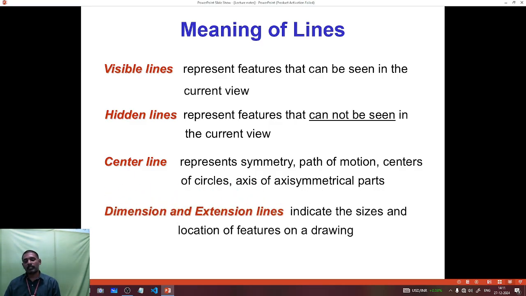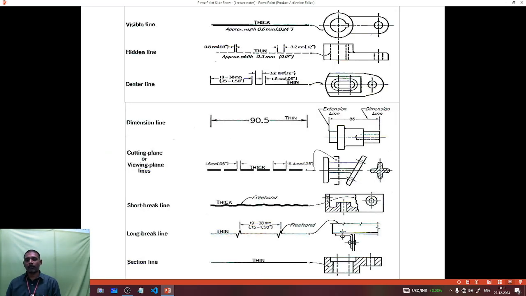So these categories are represented with the help of the center line. The next one is the dimension and extension line. See the image. The first one is the visible line; the main diagram is represented with the help of the visible line. The next one is the hidden line, which shows invisible areas. See the hidden portions: first line, second line, third line.